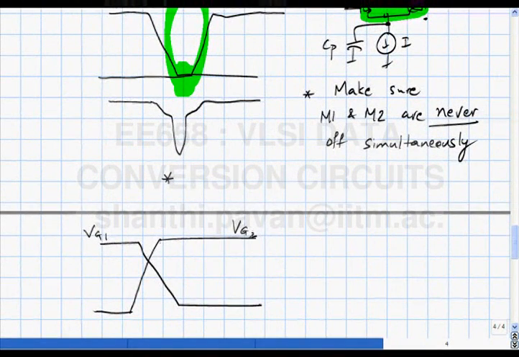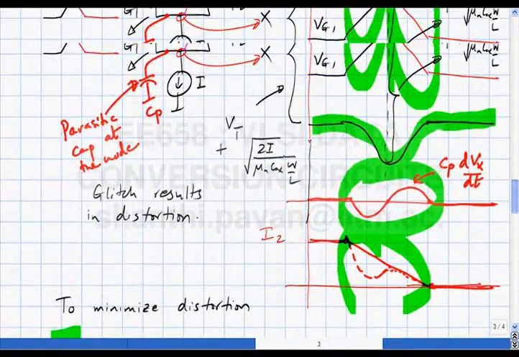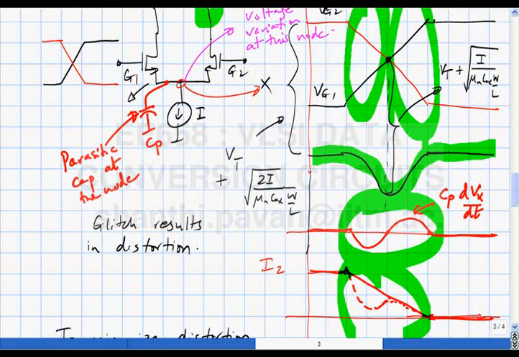If these both become simultaneously on, please note that when there is the transition exactly at the middle, there is a glitch, correct, because Vx is doing this. So if both of them are on for some time, what do you think will happen to this glitch? It will reduce because this node will tend to move up.